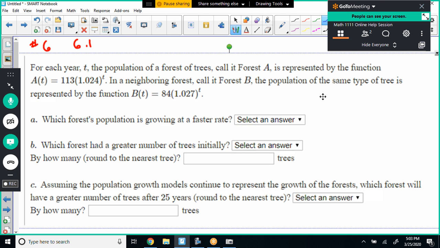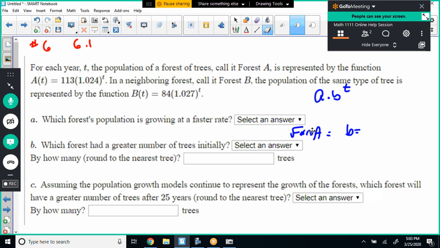Well, if we look at this, this is a times b raised to the t, right? So let's look at the base for forest A. Our base is 1.024, and it's growth because it's greater than 1.